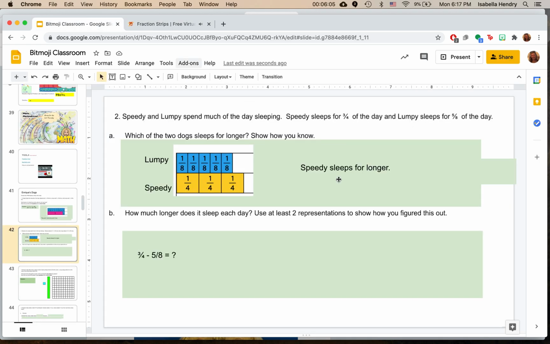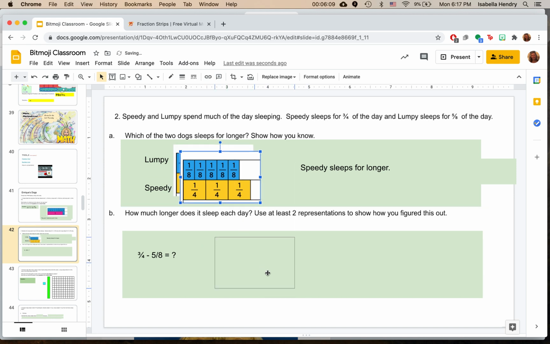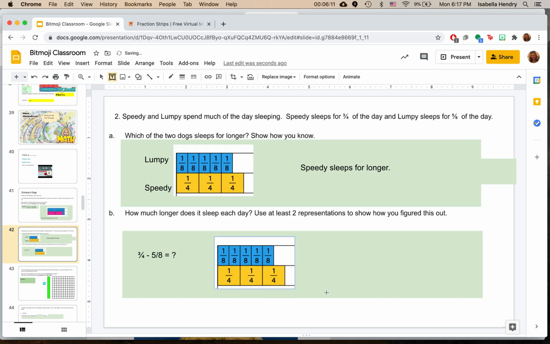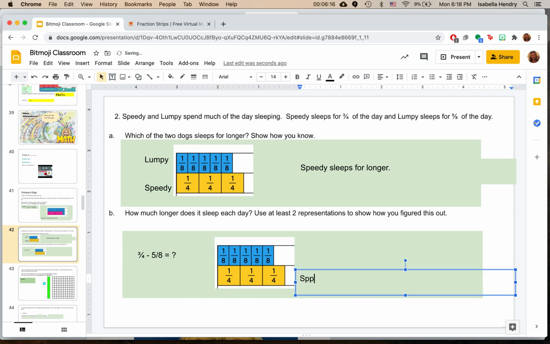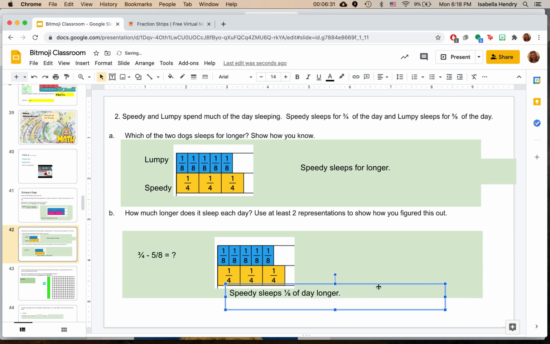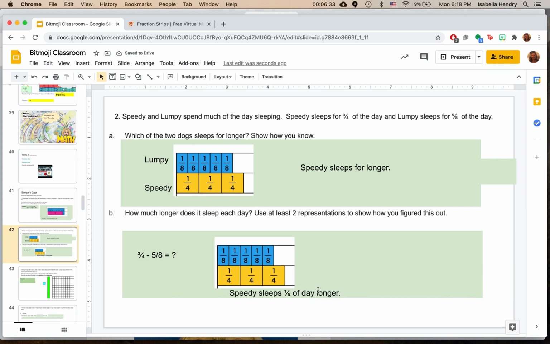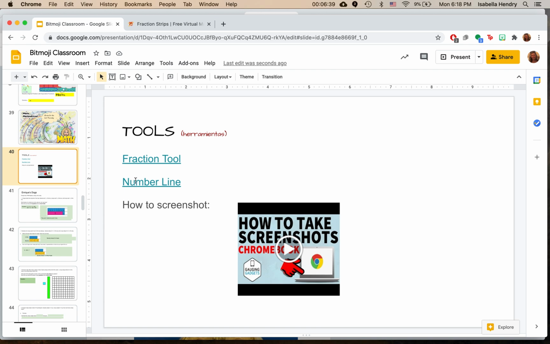So I could use my picture and I could say, Speedy sleeps 1/8 of a day longer. I could also use a pencil and paper to draw it, or I could use my number line.